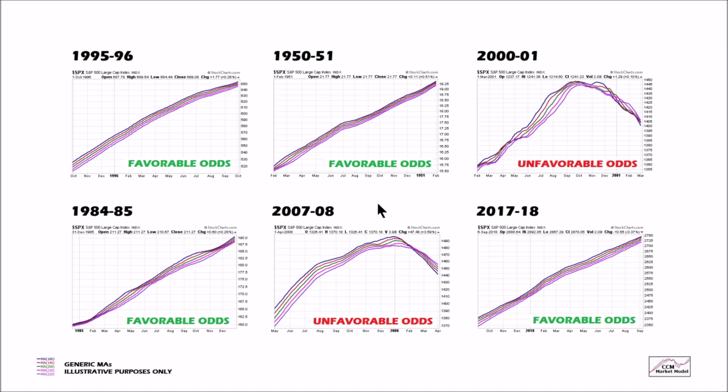From a simple perspective, when the net aggregate opinion is positive, we have bullish trends and favorable odds. When the net aggregate opinion flips over to negative territory, we have bearish trends and unfavorable odds.